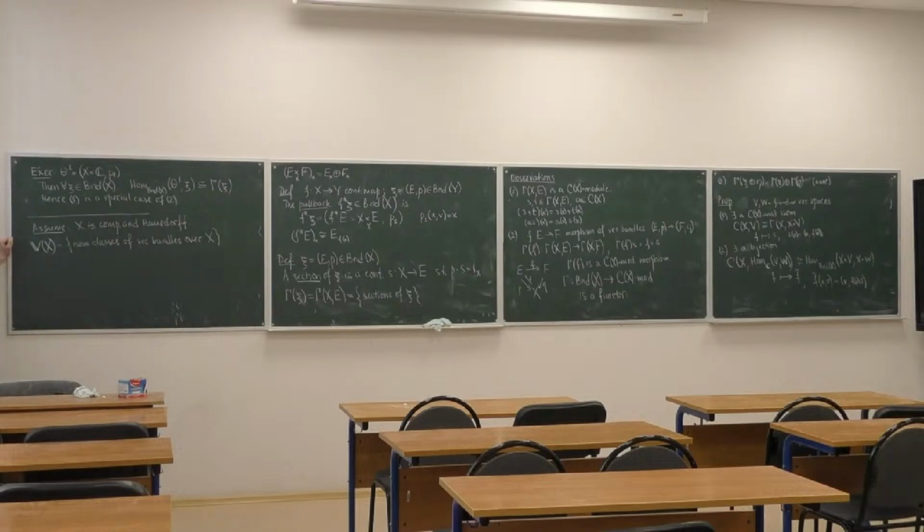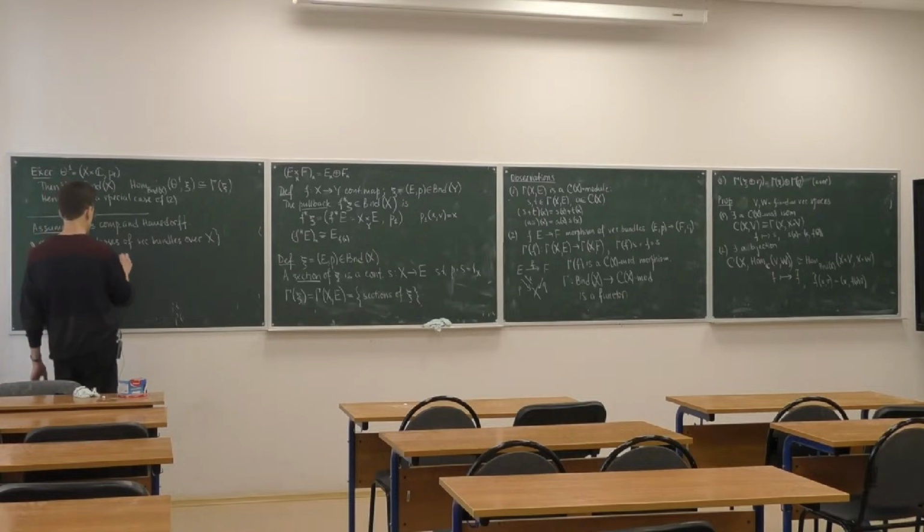And just like in the case of projective modules, this set is an abelian semigroup with respect to the following operation. You have two isomorphism classes of vector bundles psi and eta. Then we define the sum of these classes to be the equivalence class of the Whitney sum of psi and eta.